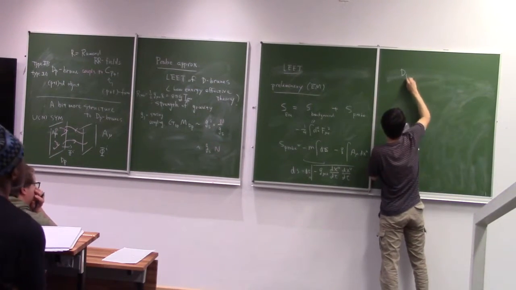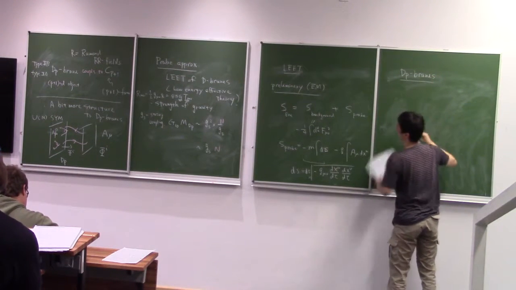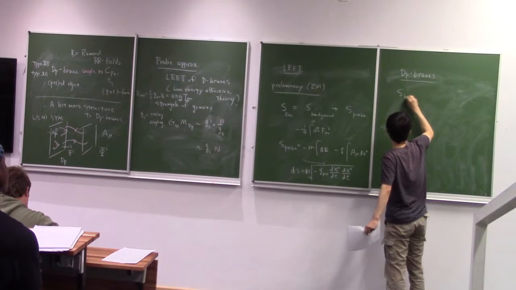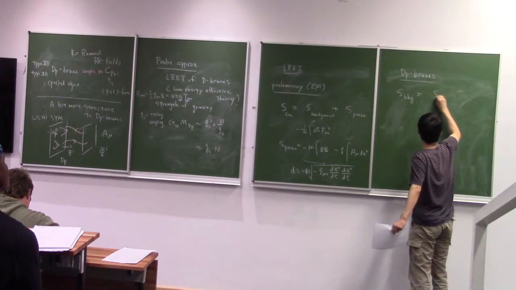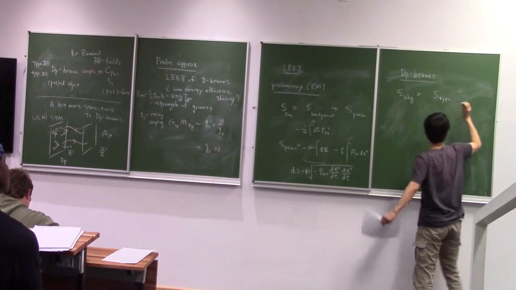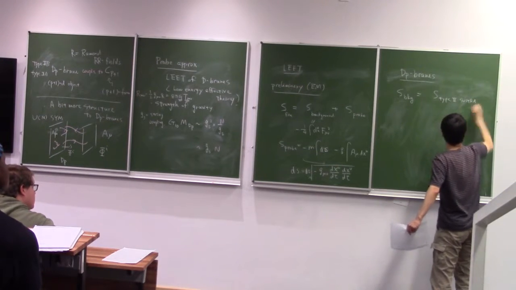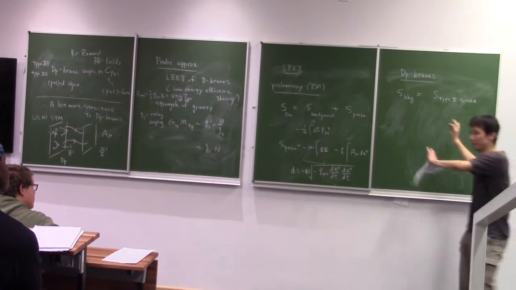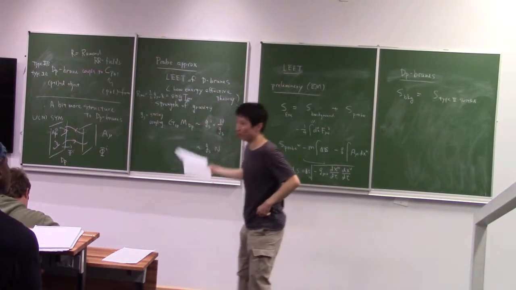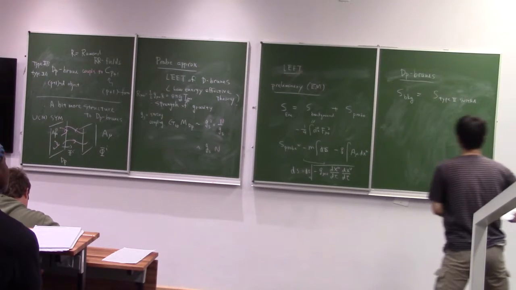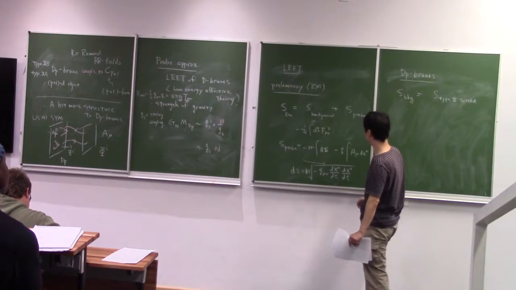For the p-branes, the background part is type 2B supergravity, so your background action would be type 2B or 2A supergravity. But you don't have to worry about it.